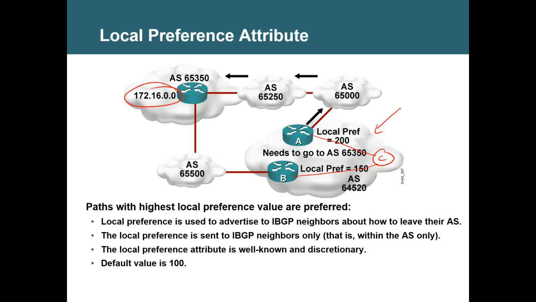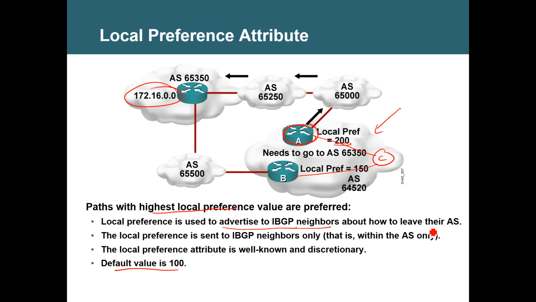We may exit via B, we may also exit via A, but if you prefer to exit via A for all 300 routers, all we need to do is go to A and set a high local preference. You don't need to inform the other 299 routers. The moment you set local preference higher on one of the routes, higher is preferred. The default is 100. The moment you set the local preference higher, this information will be advertised to all IBGP neighbors.